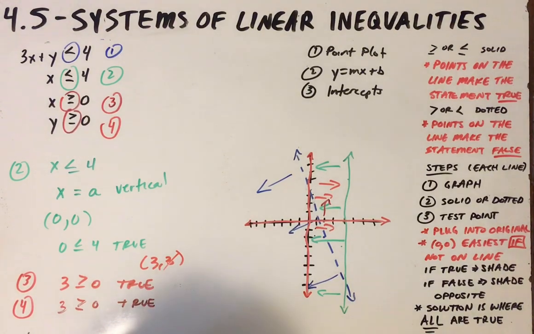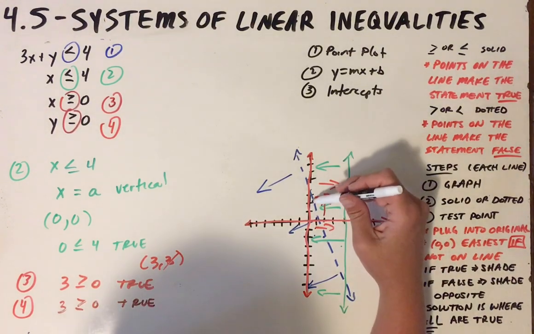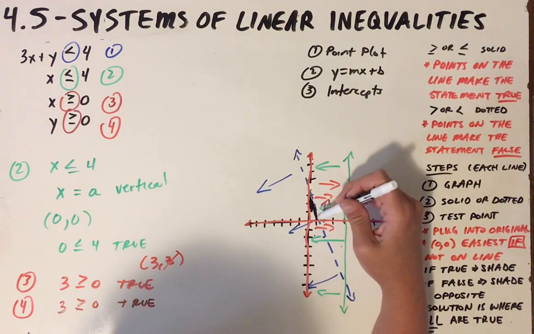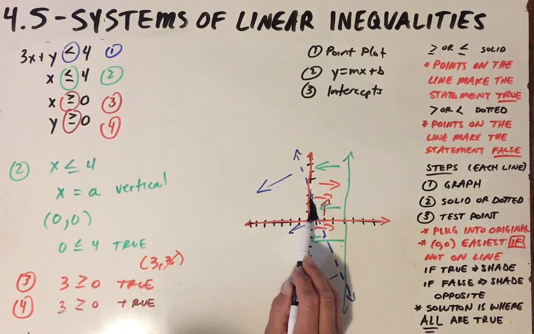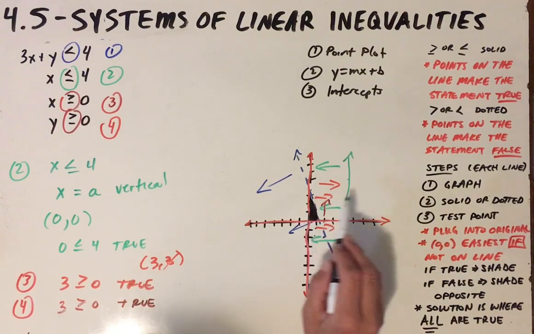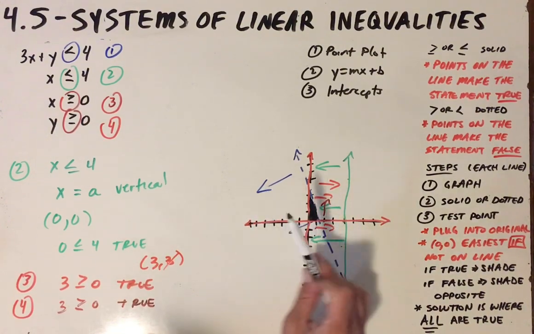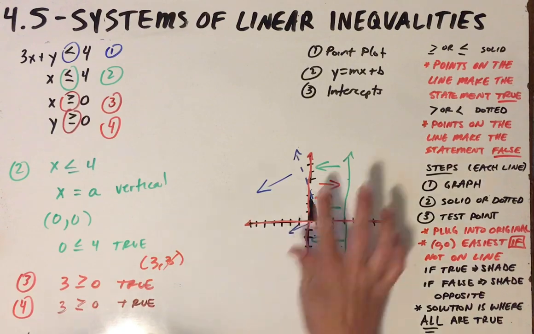And the question is, where on earth do all of these overlap? And it happens to be this teeny tiny area right here, because we're greater than x, we're greater than y, we're to this side of the green line and to this side of the blue line.